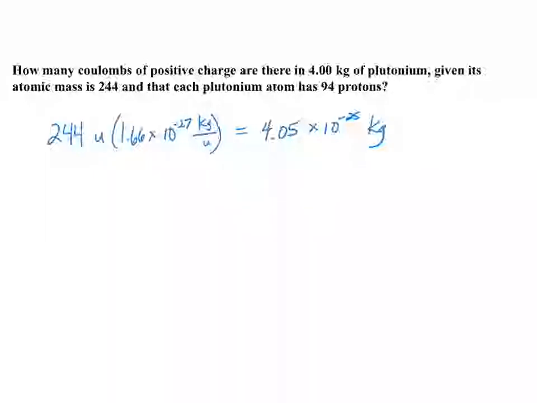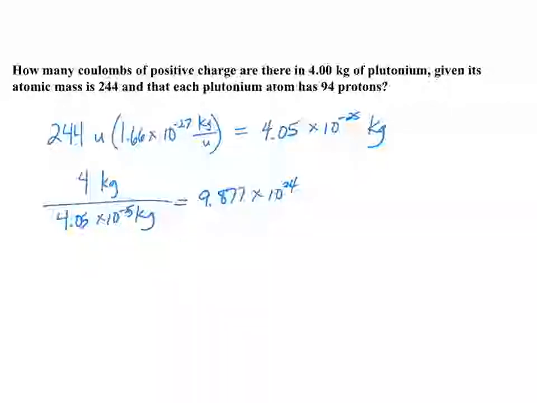And if I have 4 kilograms of plutonium with this atomic mass, then we're going to have 9.877 times 10 to the 24th atoms in this chunk of plutonium.